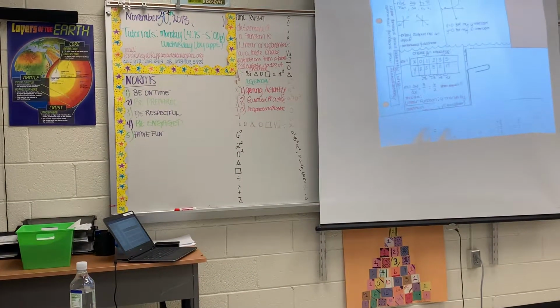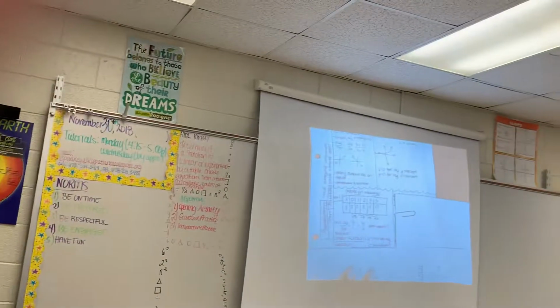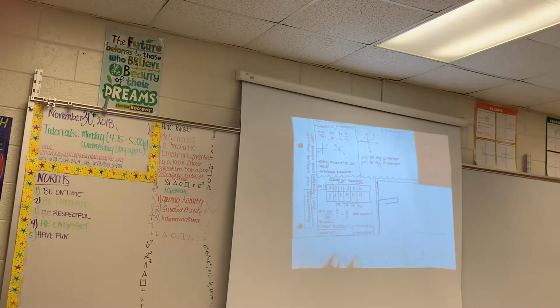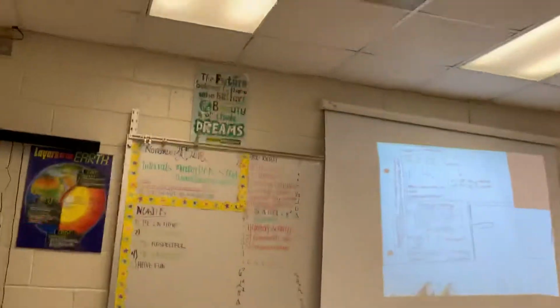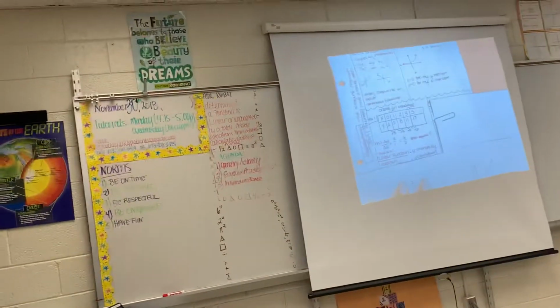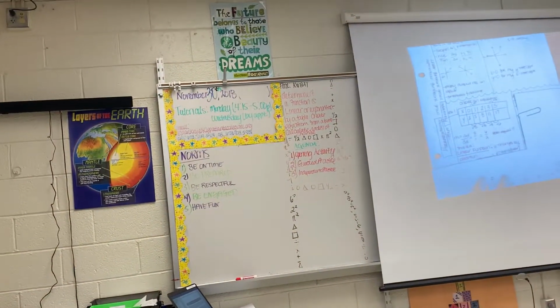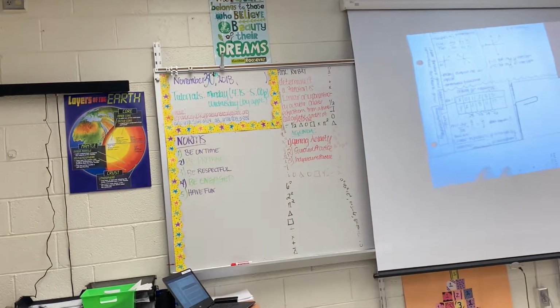What does m represent? Slope. Slope. What's another way to say slope? Rise over run, or what else? Starts with the R. Rate of change. Very good. So when we just plug this into our rate of change formula, delta y over delta x, guys, it gave us that our m value was what number?